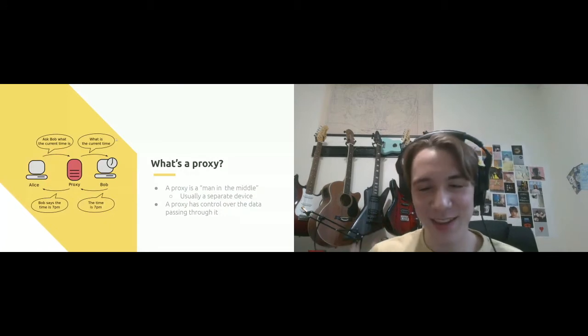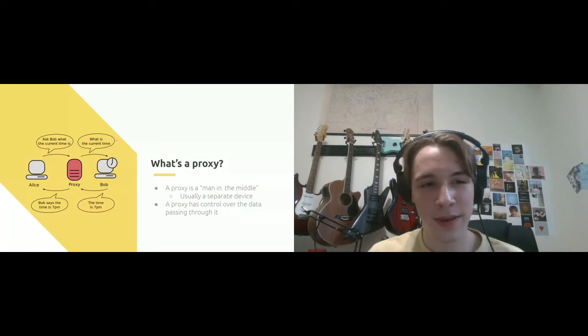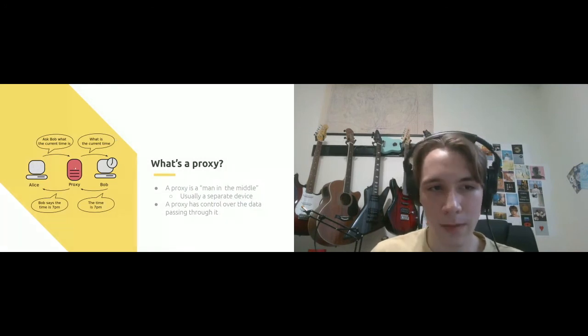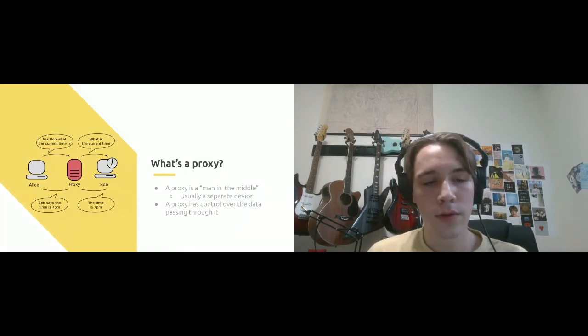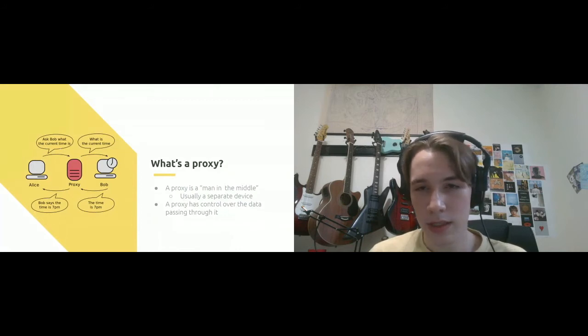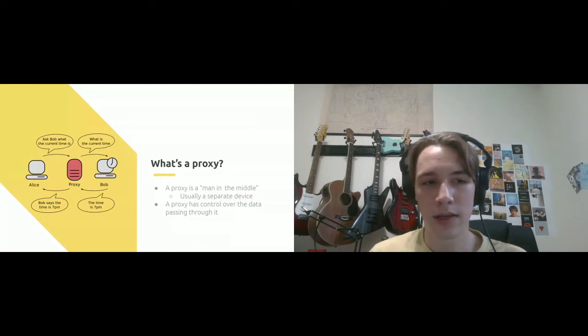Secondly, the proxy has full control over all the data passing through it. For example, let's say Alice said hi to Bob. When Alice forwards it to the proxy, it could edit it to say, howdy there, partner. And now Bob thinks Alice is a cowboy. So the proxy can control the data passing through it.